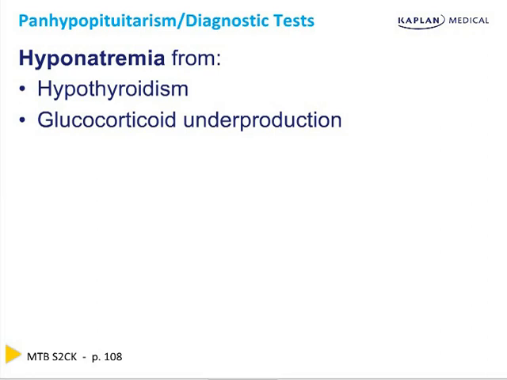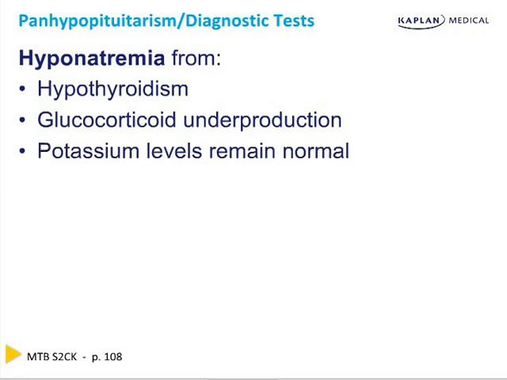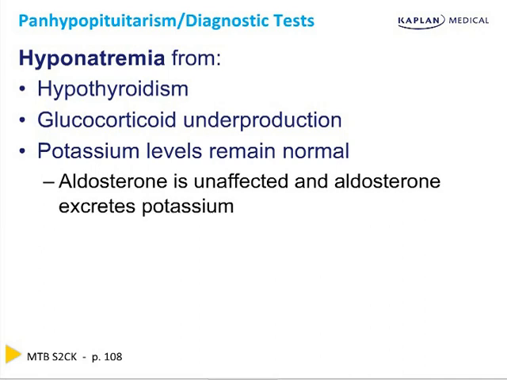There's glucocorticoid underproduction, and potassium levels tend to remain normal because aldosterone is unaffected, and it's aldosterone that excretes and maintains the potassium. So overall, you will notice a low thyroid and low glucocorticoids. Those are the two that must have mandatory replacement when your hypopituitarism occurs.